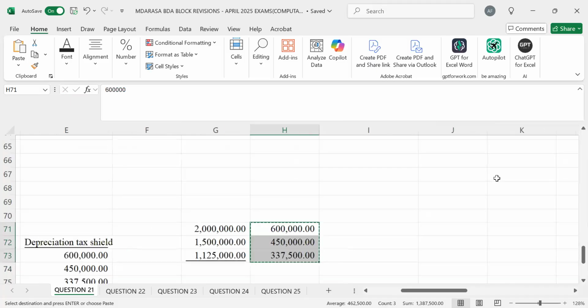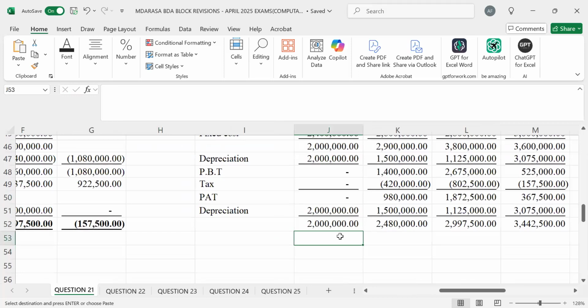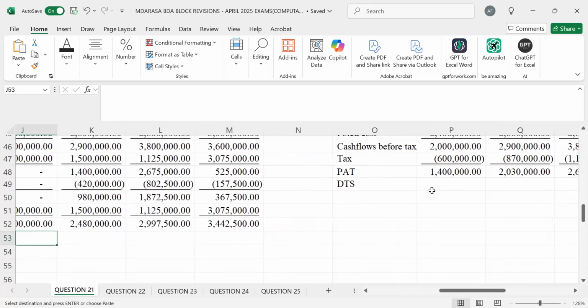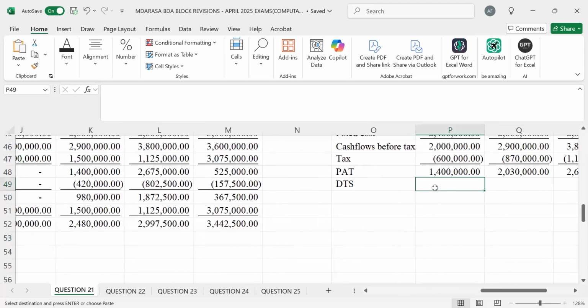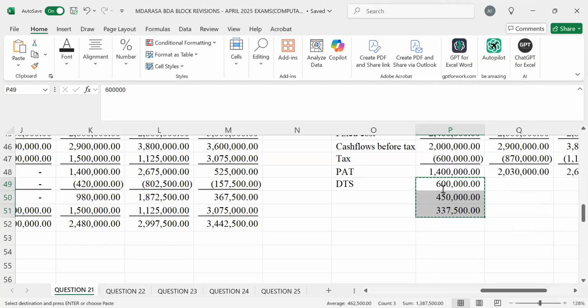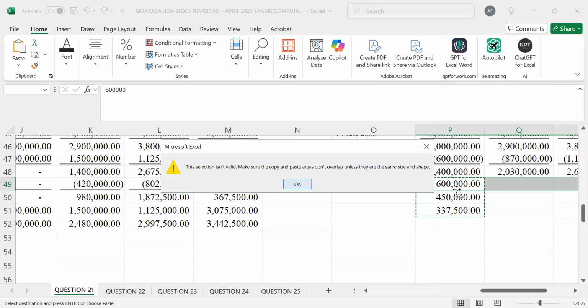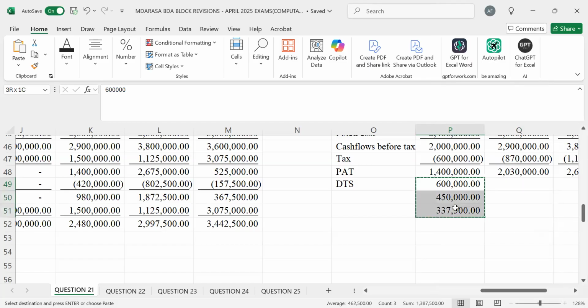So we come and have our DTS at this point. This is 600 all through.